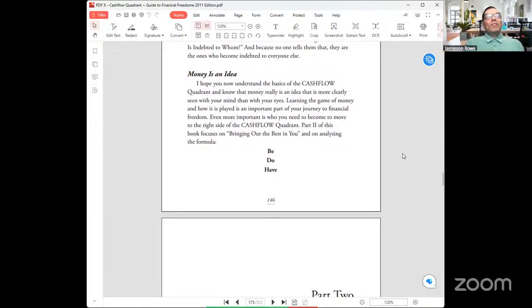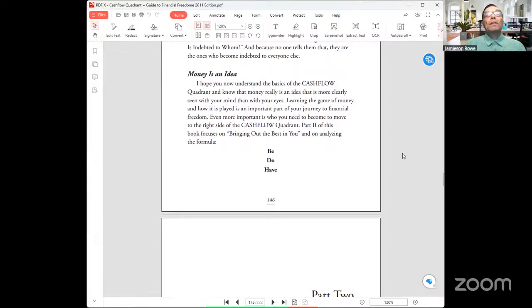This is the conclusion of this chapter. I hope you now understand the basics of cash flow, the cash flow quadrant, and know that money really is an idea that is more clearly seen with your mind than your eyes. Learning the game of money and how it is played is an important part of your journey to financial freedom.